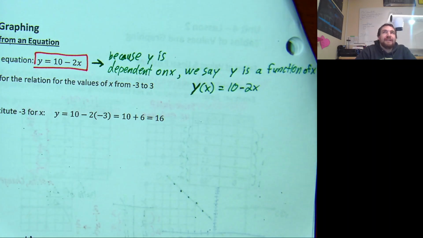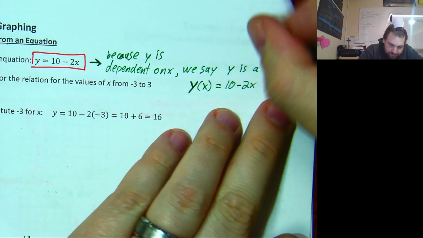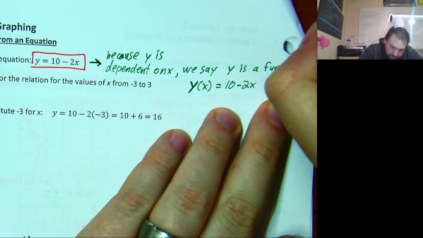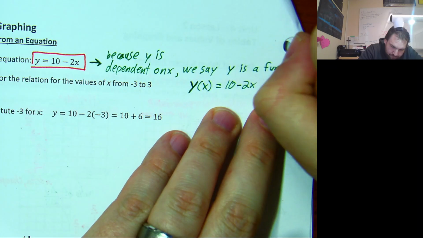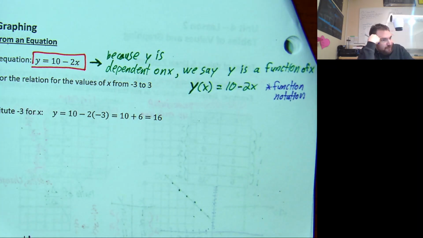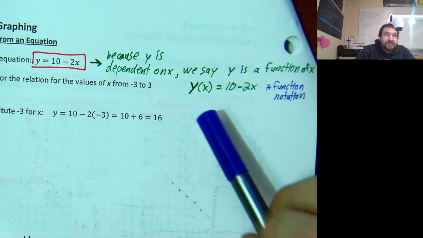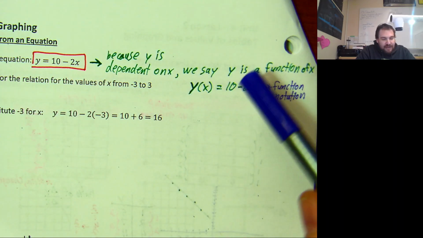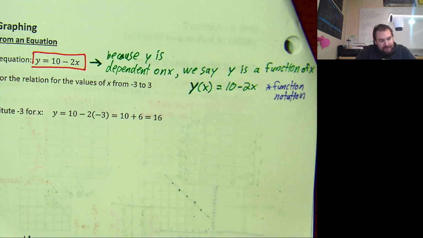This right here is function notation. It's important to recognize that this is probably the first time you've seen something written like this, where the y and the x here are not multiplied together. This is where you'd say, okay, let's pick my value now for x, and we're going to see what y is.